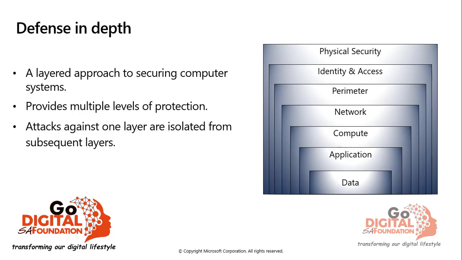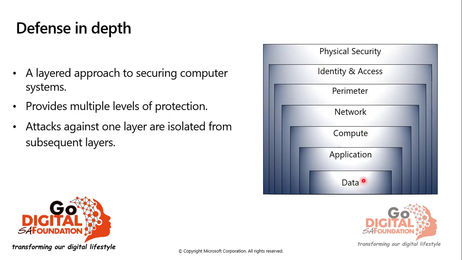The same thing goes when you come to cloud technology. Cloud technology also has a physical security level, an identity and access level, perimeter level, network, compute, application, and then data. So you can say that this whole thing covers this level, this level, this level, and this level.